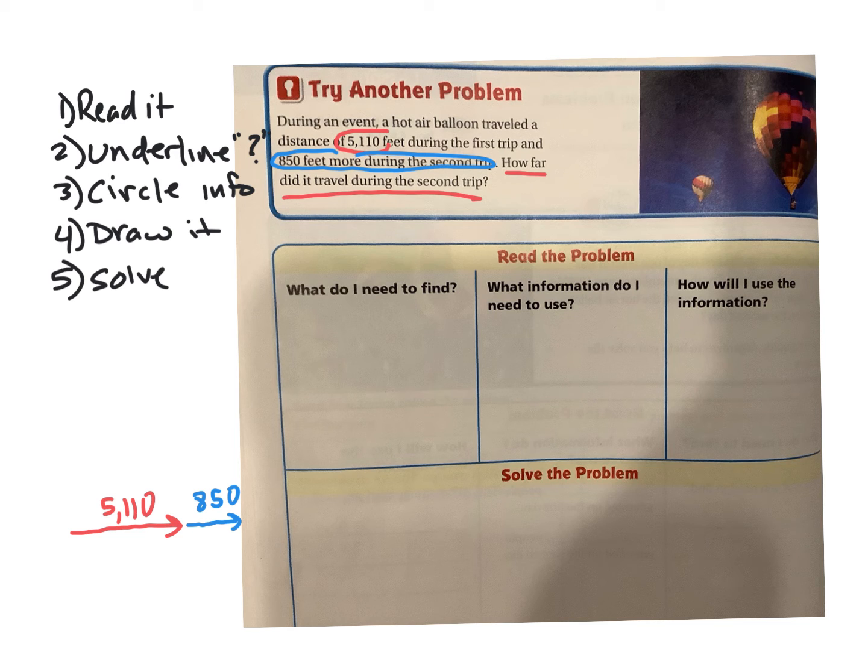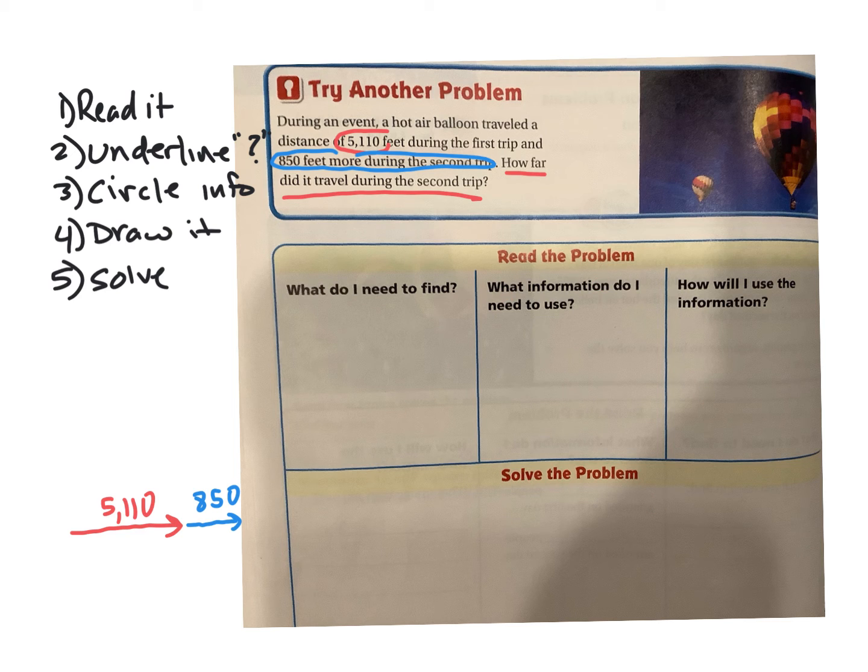So when I look at my drawing here, I covered 5,110 feet and then continued on further and did even more. So it wouldn't be subtract because that would make it less amount. It would be addition because I went even more. So now that I see this lined up for me, I can see what's going on. Okay, so now I know to solve, it will be an addition problem.